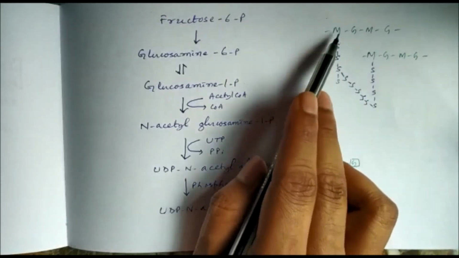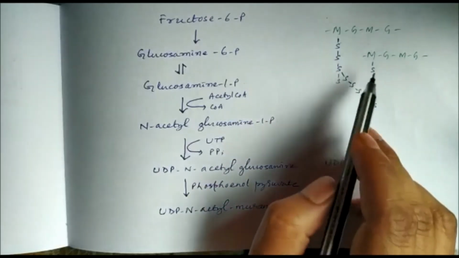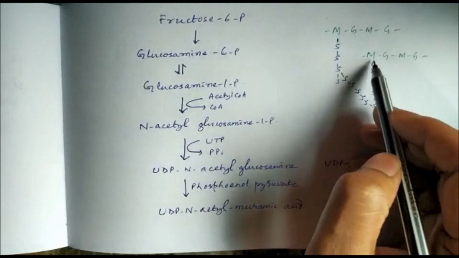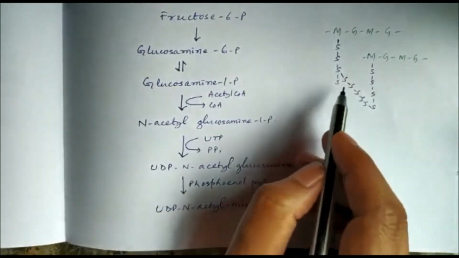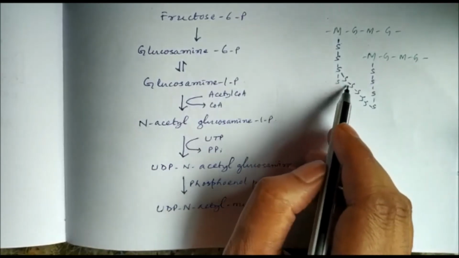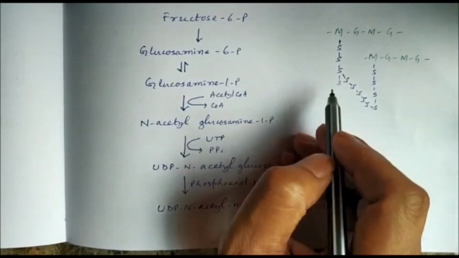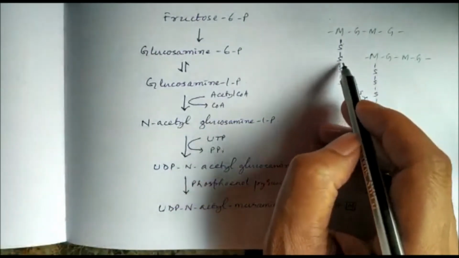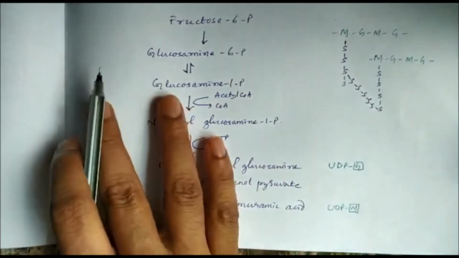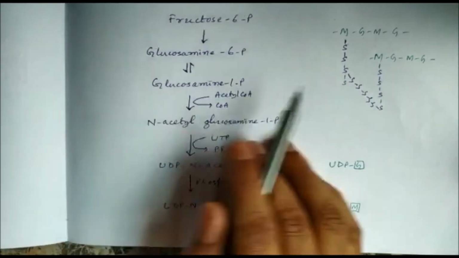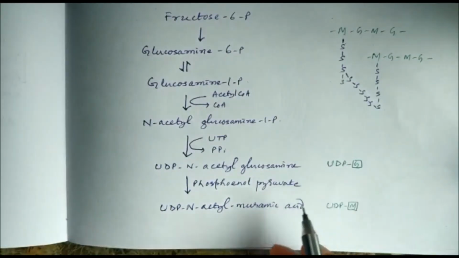The third amino acid of M of one chain is cross-linked with the fourth amino acid of M of another chain by a pentaglycine bridge.